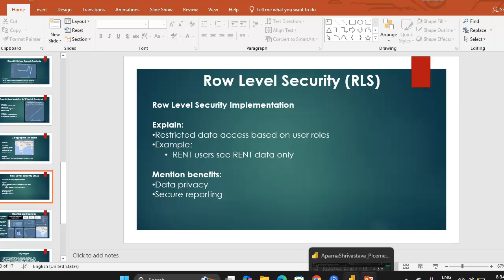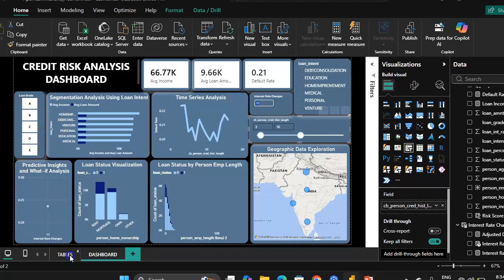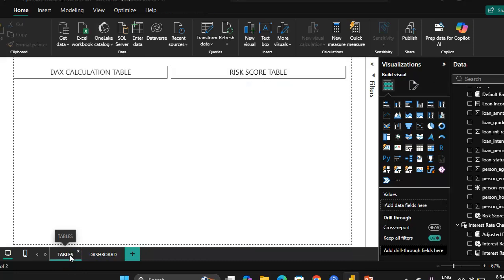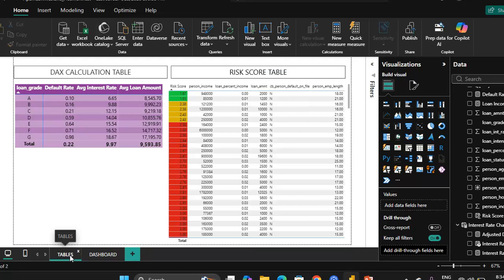Then we have risk score analysis. One of the most important parts of this project is risk score analysis. I created a custom risk score using a DAX formula based on loan percentage, income, default rate, average income, and average loan amount.